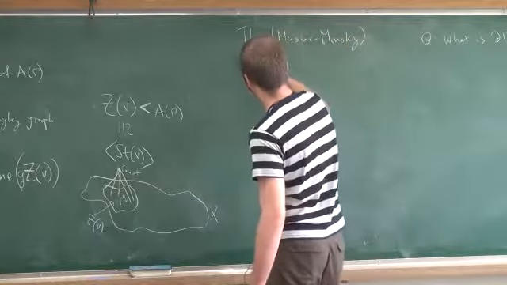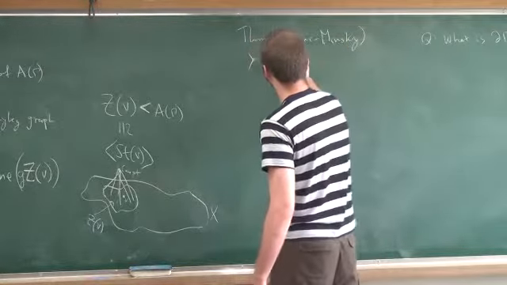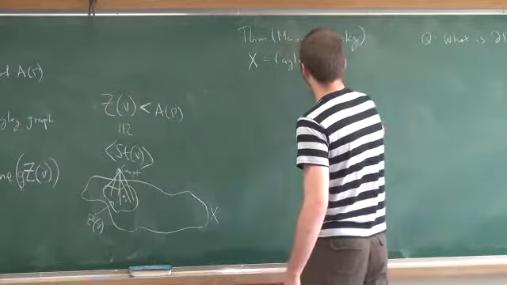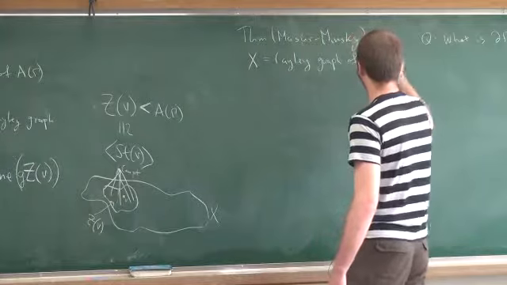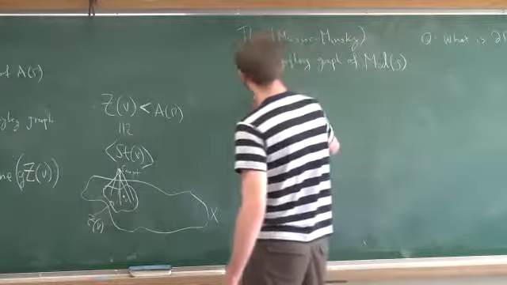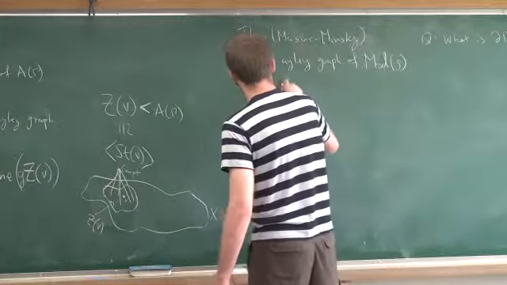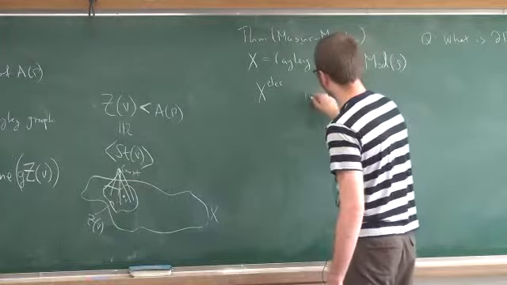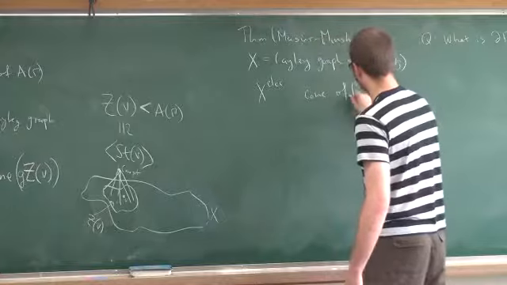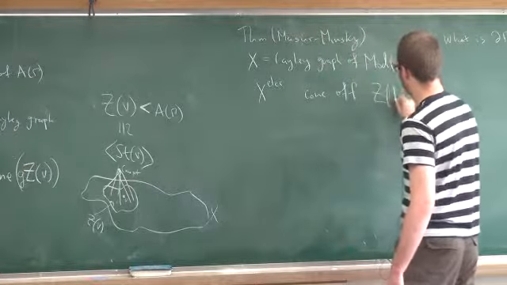So if here we write X for the Cayley graph of the mapping class group of S, and we write X electrified for the electrified Cayley graph where we cone off centralizers of Dehn twists.